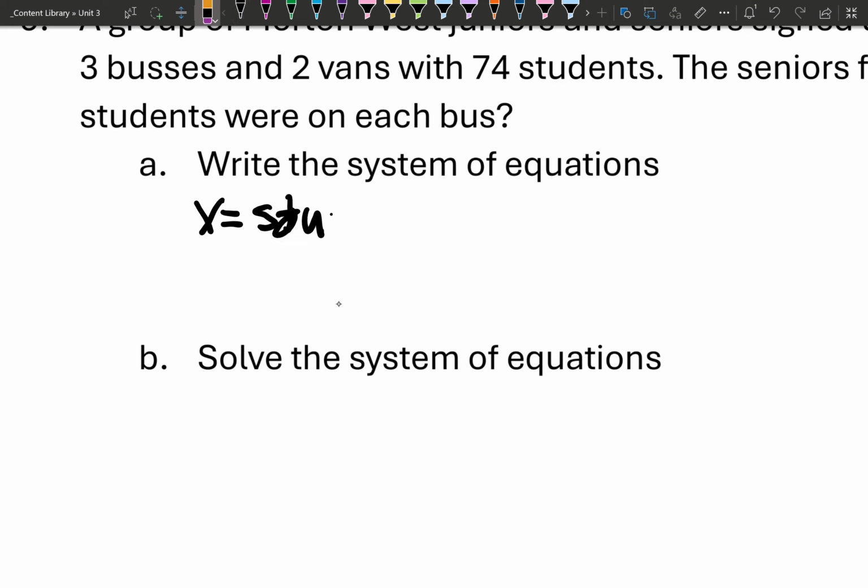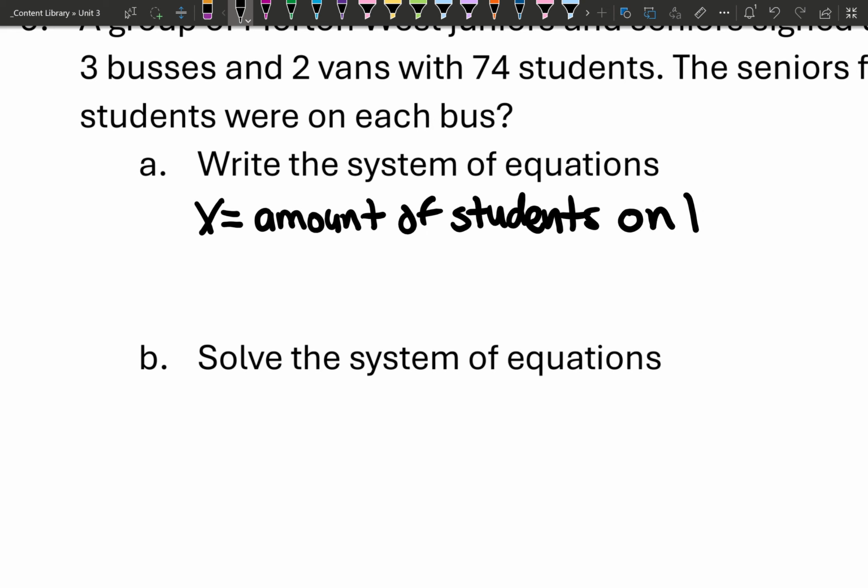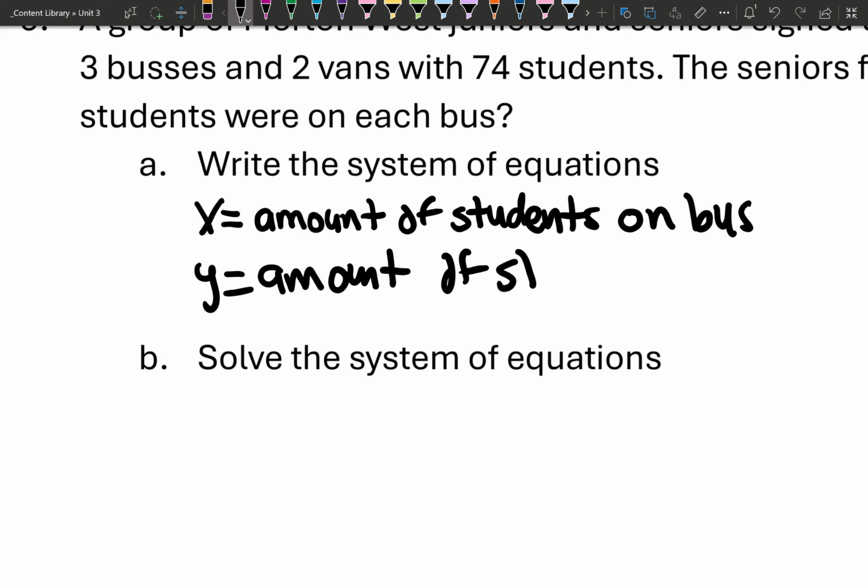Erase, please. I just want you to erase. That's all. Thank you. Amount of students on bus. Y equals amount of students on van.